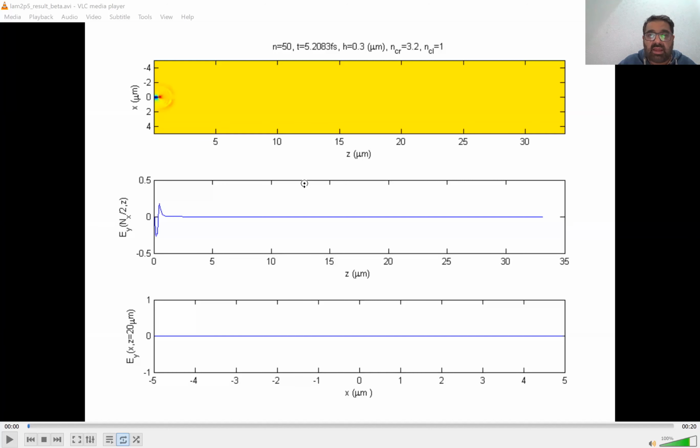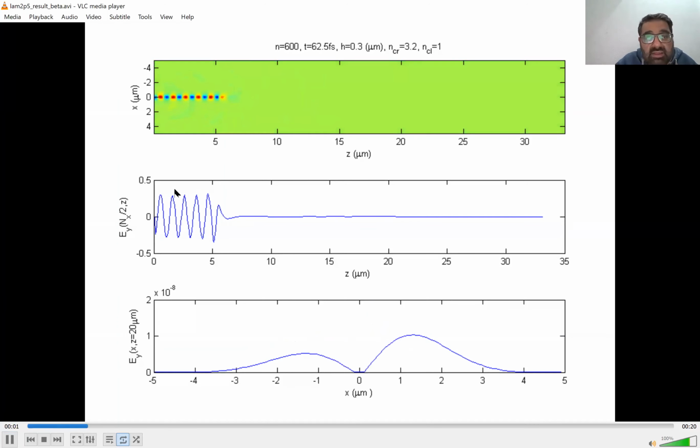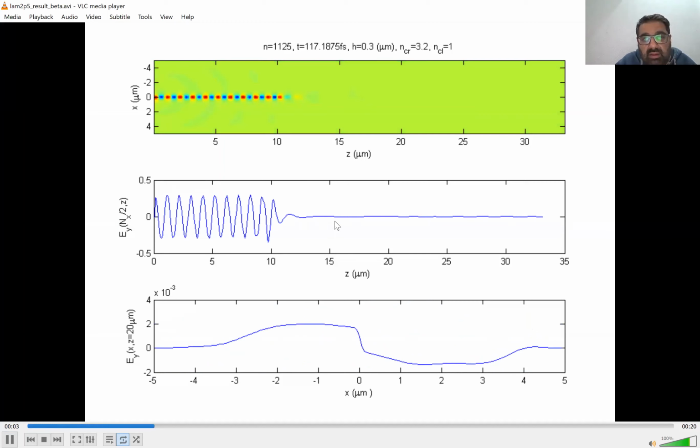This one was made by me many years ago, where I'm coding Maxwell's equations numerically for a dielectric waveguide. I can't see the waveguide, but there is a structure here, and you can see these traveling waves going.